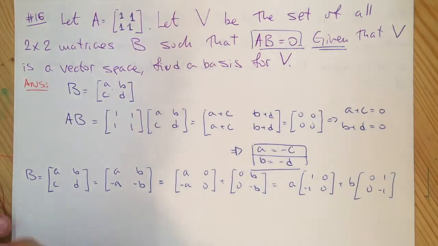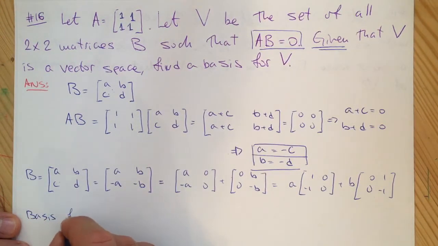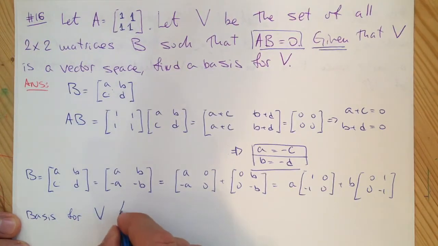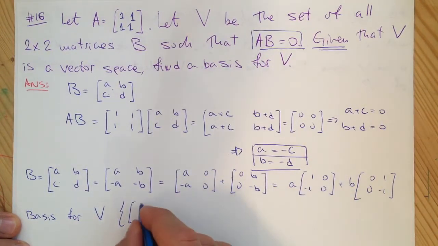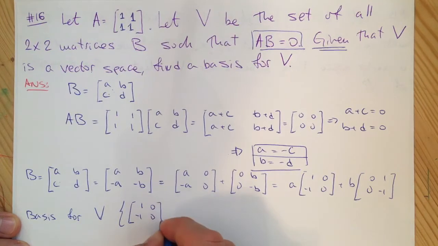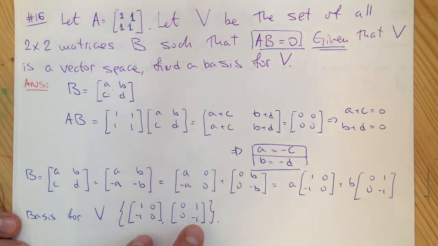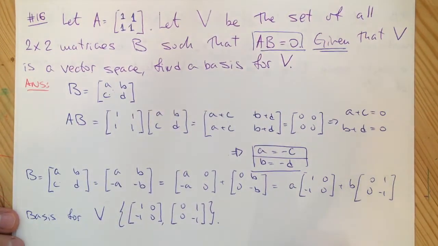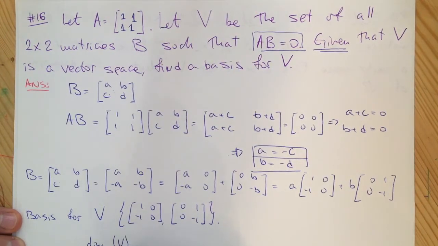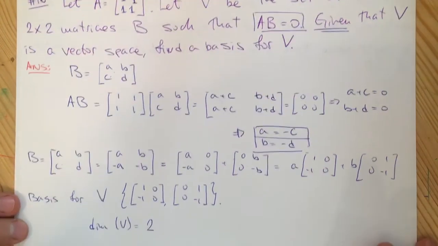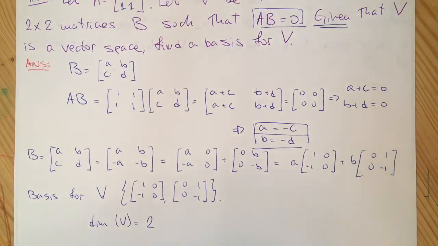So the basis for V consists of 1, 0, negative 1, 0, and 0, 1, 0, negative 1. Obviously, I have just two vectors in the basis, so the dimension of V is equal to 2.